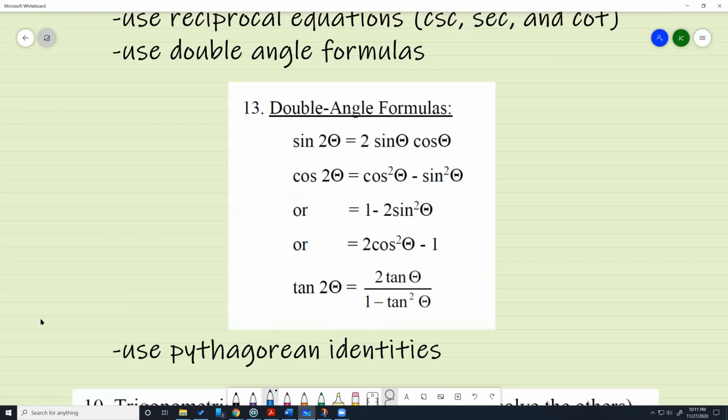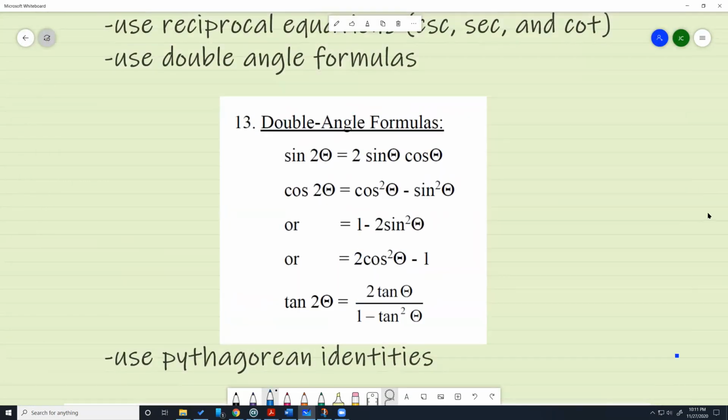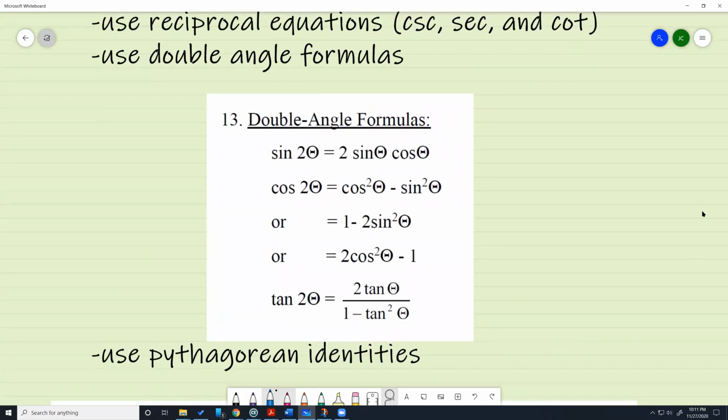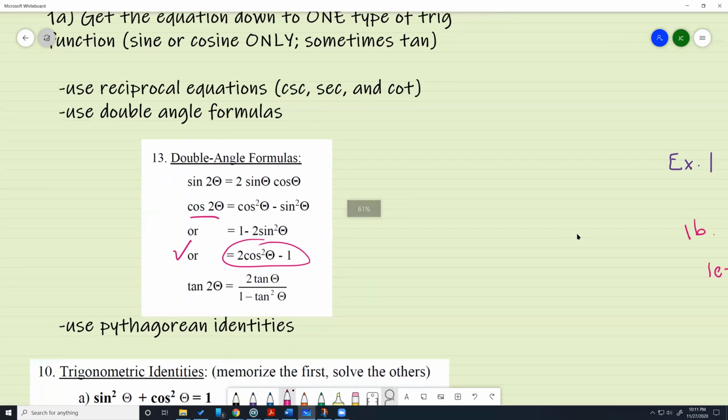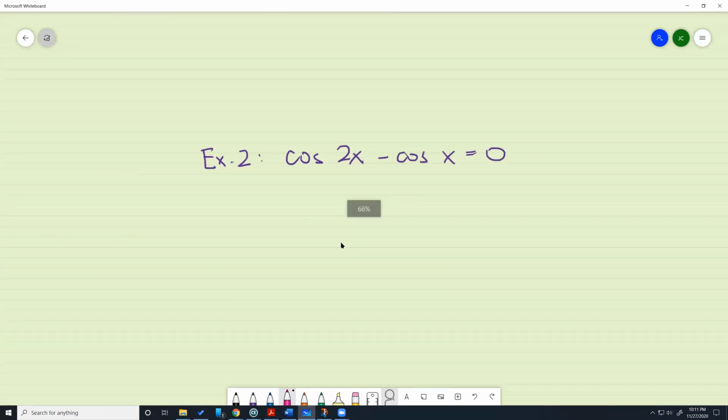Here is the double angle formula. We have 3 to choose from, but the one we want is this one, because we can make the substitution and get an equation with just cosine only. So let's go ahead and do that.